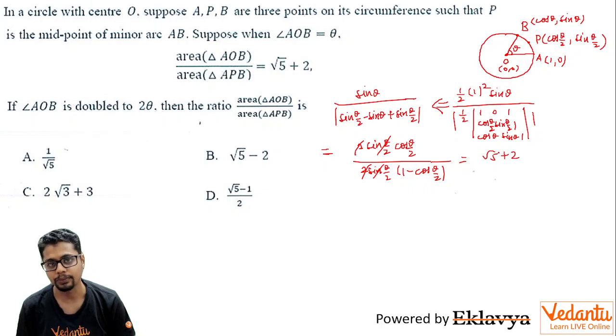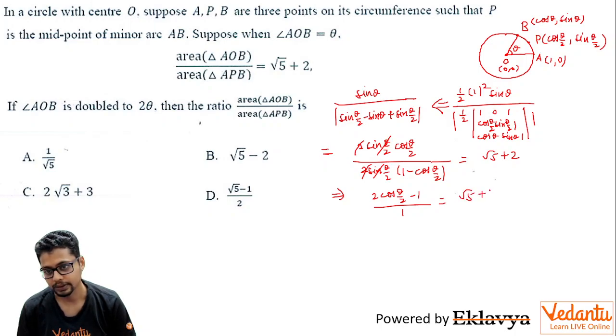Now you may use componendo and dividendo to find cos theta by 2. Numerator minus denominator, that is 2 cos theta by 2 minus 1, divided by numerator plus denominator, that is 1, is equal to the numerator minus denominator over the numerator plus denominator.